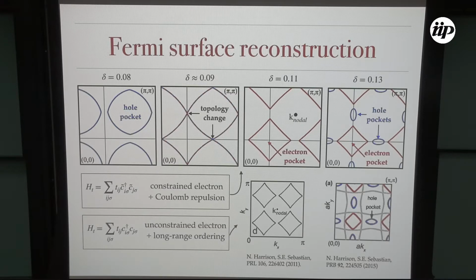This whole evolution was calculated with constrained electrons plus Coulomb repulsion, and here you can see the results calculated with unconstrained electrons in the framework of a tight binding model with long-range ordering. It's the most famous result of calculating the Fermi surface, where you can see the electron pockets located in the nodal region, and also electron pockets plus hole pockets.